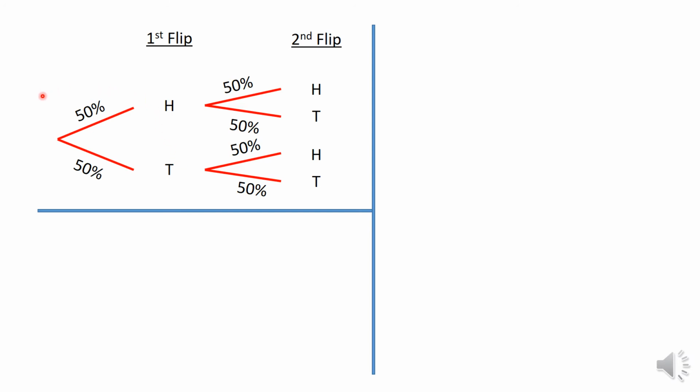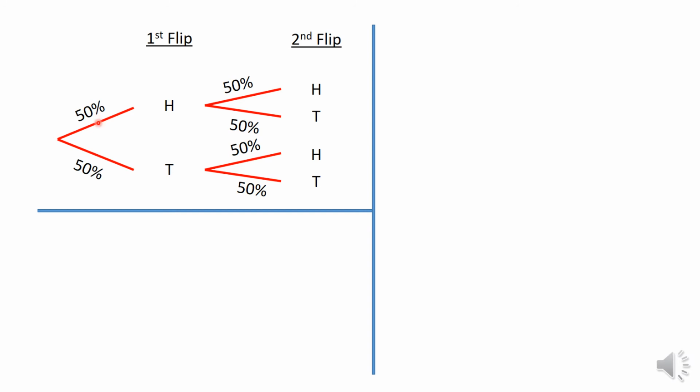Now of the 50% of the time that it comes up heads, if I flip it again, 50% of that original 50% will come up heads again, and 50% of that original 50% will come up tails. So if I flip a coin 2 times, the probability that it'll come up heads both times is 50% of 50%, which is 25%.